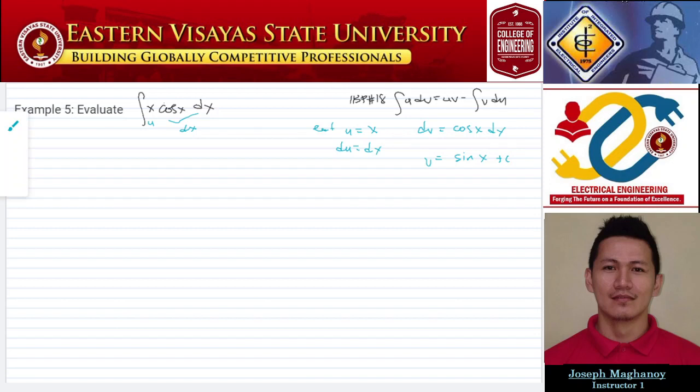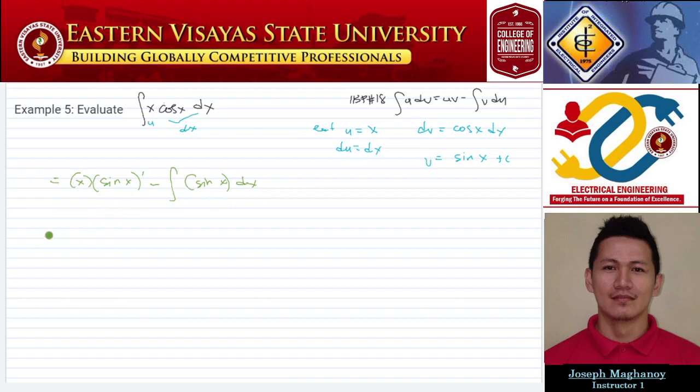Okay, so we rewrite our function according to differentiation here, integration here. So we rewrite according to our IBP 18, integration by parts formula number 18. So what is your u? u is your x. What is your v? That is sine x, minus integral of your v, sine x, and your du is your dx.